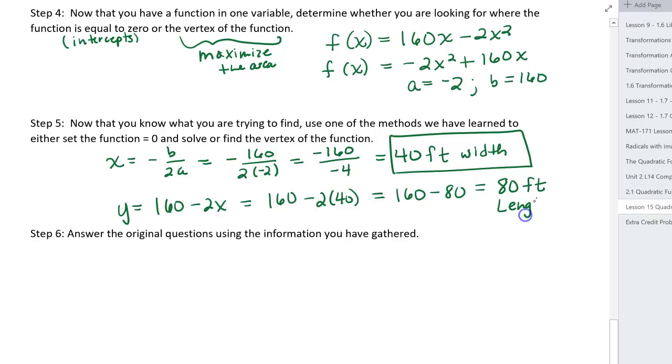So the length of the garden is going to be 80 feet long.